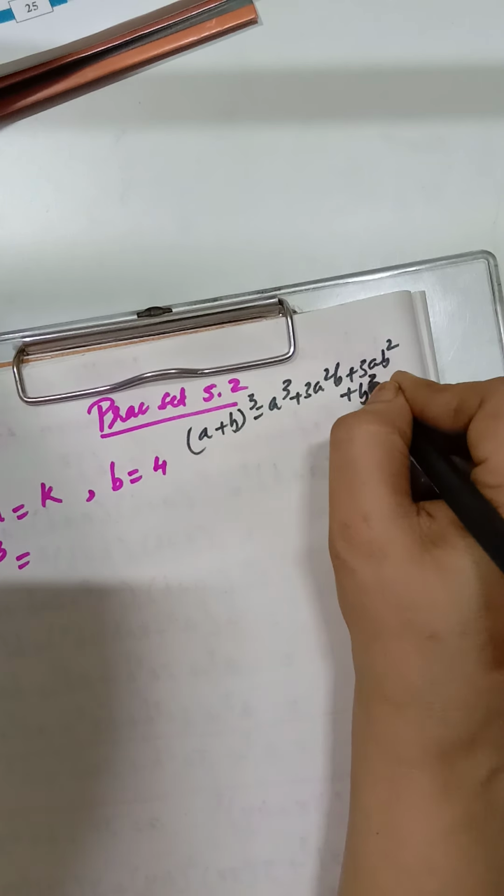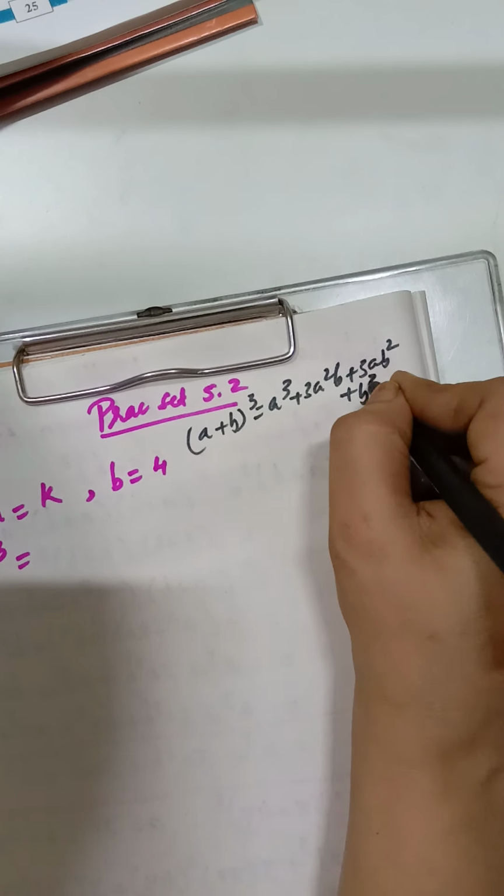Okay. Now see children. Next last step: 343 x cube plus 3 8s are 24, 24 multiplied by 49. So it will be 1176 x square y plus 3 into 7 is 21, 21 into 64.